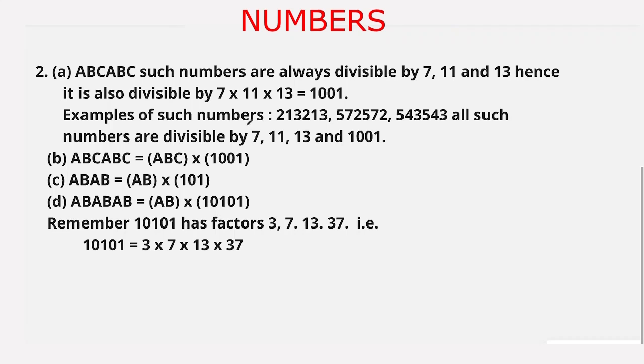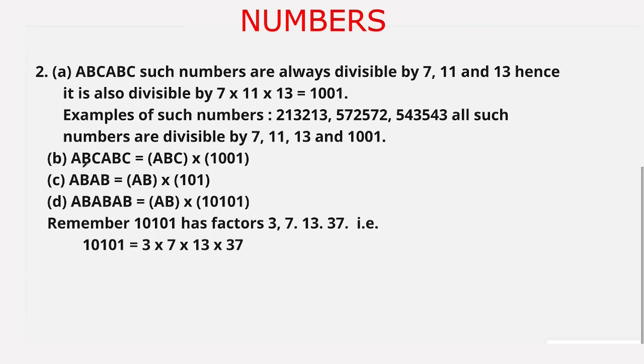Examples of such numbers: 213213, that is, the number is repeated in 3-digit pairs. 213213, 572572, 543543. All such numbers are divisible by 7, 11, 13 and 1001.